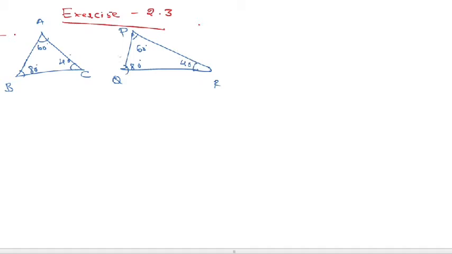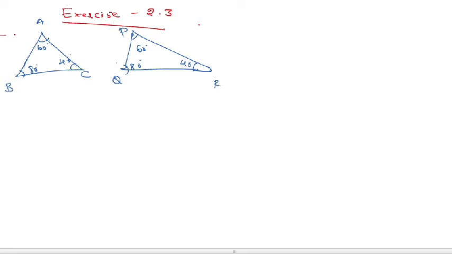So here state which pair of triangles in the following figure are similar. Write the similarity criteria used by you for answering the question, and also write the pairs of similar triangles in the symbolic form.